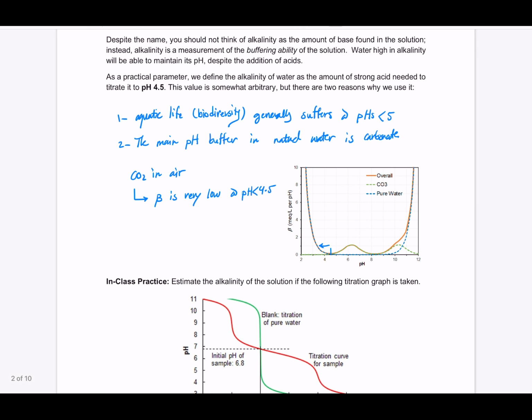And because of these two reasons, alkalinity is the capacity to resist up to a pH of 4.5.